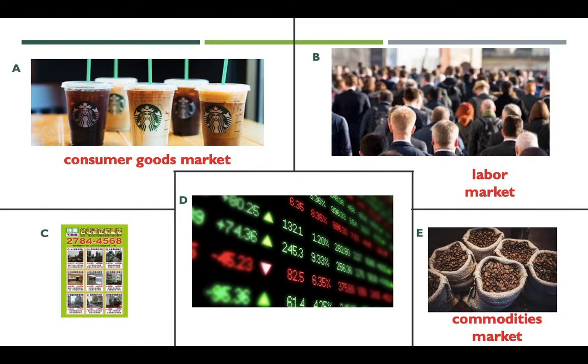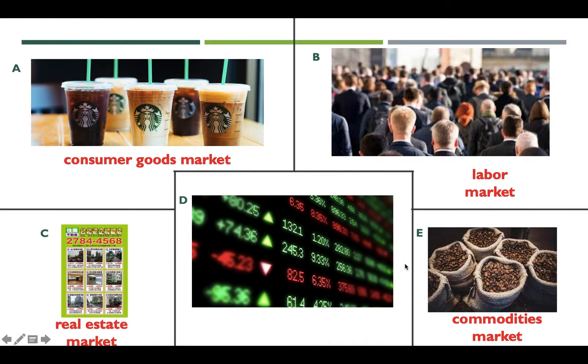On this ad, you see postings about different houses. So a market about selling houses is what we call the real estate market. Okay, real estate market. And finally, picture D, you see a lot of statistics, numbers going up and going down.